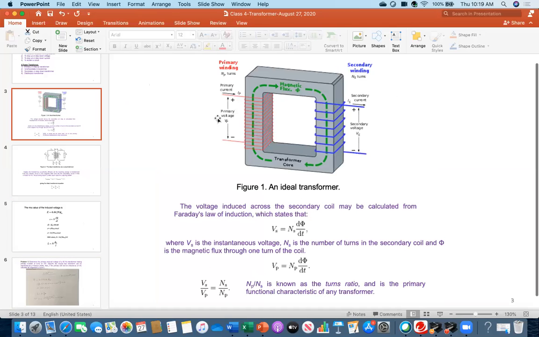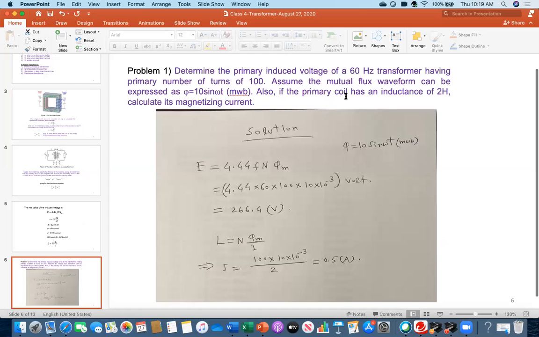The current that is initially flowing is actually exciting or magnetizing this coil. In other words, the core material is excited or magnetized by the application of the current. That's why it is sometimes called the magnetizing current, I mean the primary current. That is the meaning.